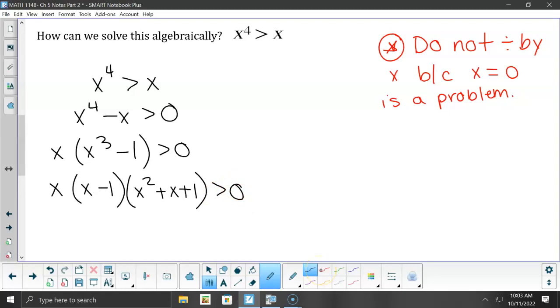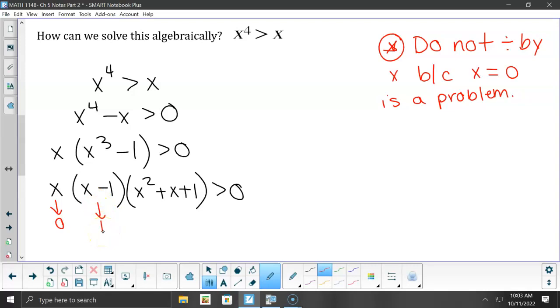Are you just trusting me on that with the factoring? If you're not sure about how to factor those, just Google the sum or difference of cubes formula. You can pull up a Google image and just write the formula in. Easy peasy. If I were to go through and solve this, this would give me a 0 at 0, and a 0 at 1.